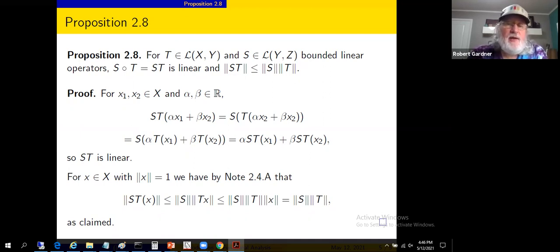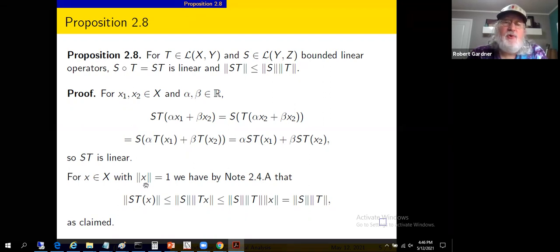So there's the linearity. How about the norm stuff? Take yourself a unit vector from X. Remember, the norm of operator ST is defined to be a supremum over all such X. So take a particular X, then ST of X. We've got S of T of X, view it that way.